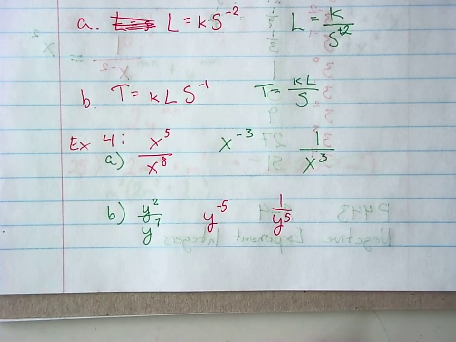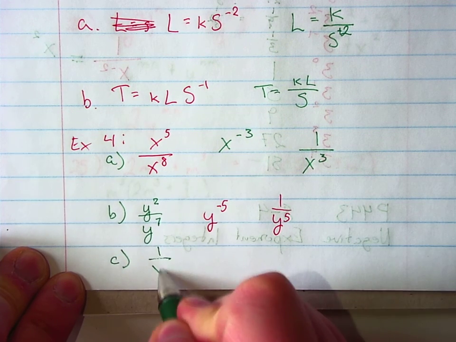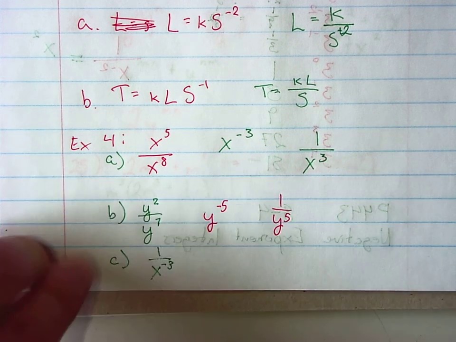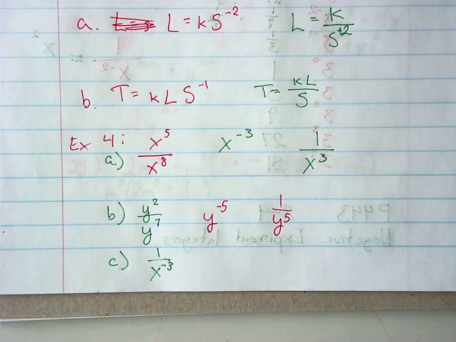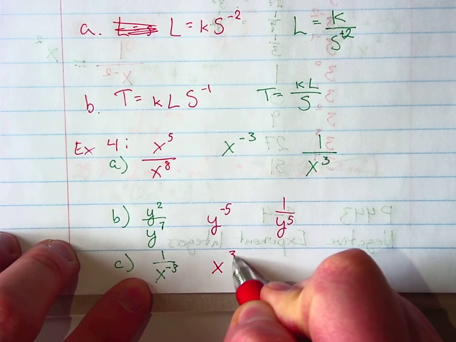And last, let's do 1 over x to the negative 3rd. Again, you have 15 seconds. That may or may not have been 15 seconds. I lost track. There's your answer.